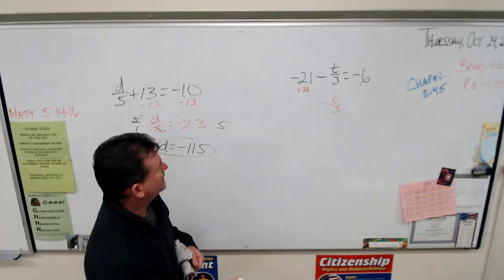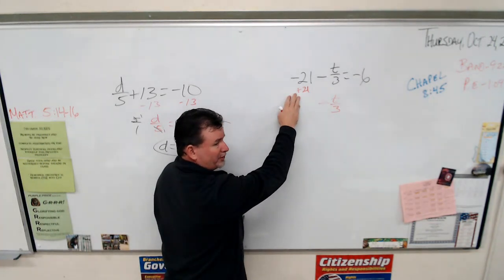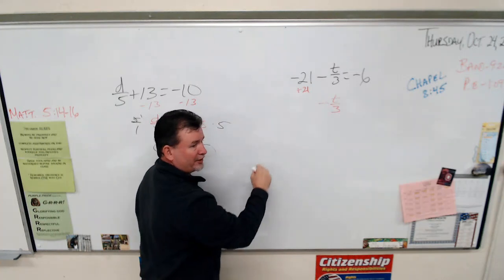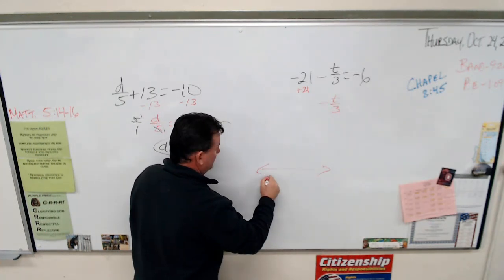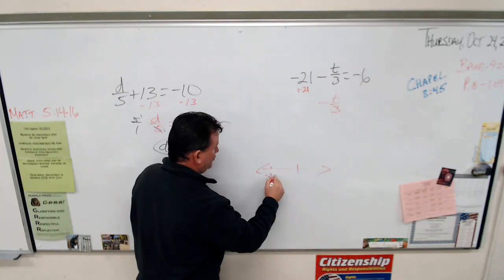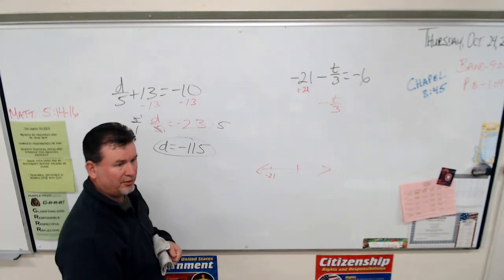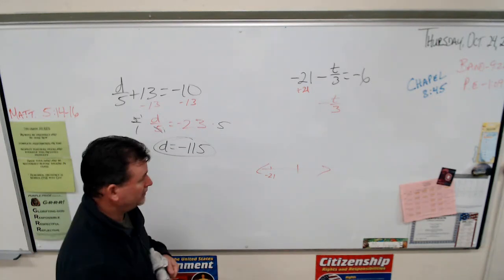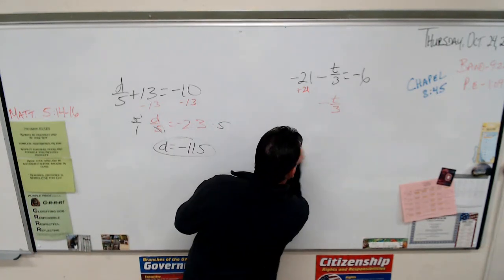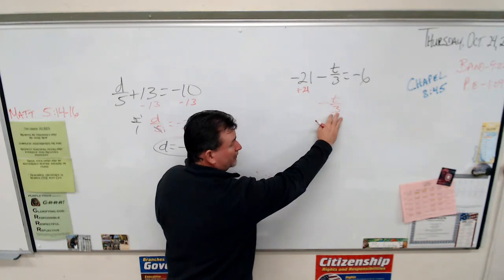And then, since I added 21 to this side, think of the number line: this is 0, and out here is negative 21. How do I get back to 0? Add 21, right? So that's the goal here. I've got nothing over here except the t term.